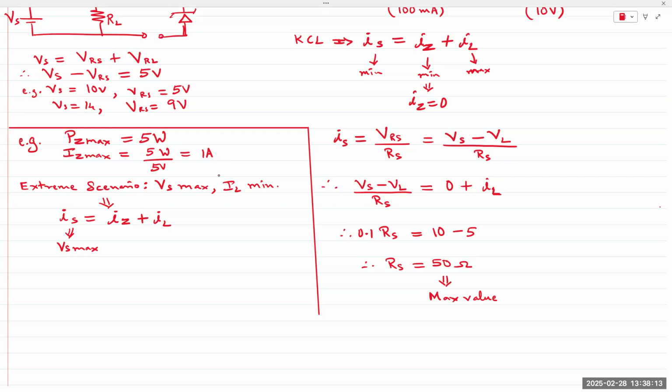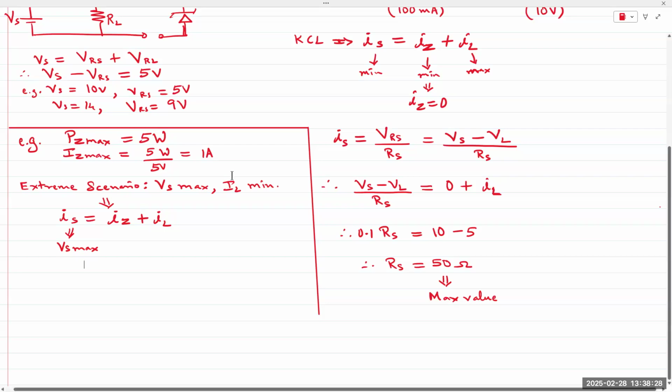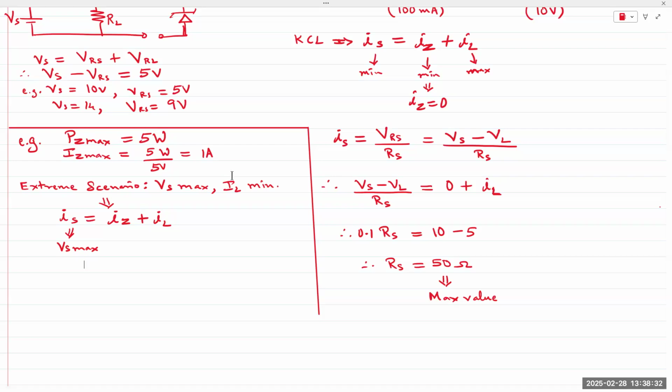Okay, it's 14 volts. And we already know what our RS is. RS max was 50 ohms, right? That's for the previous one. Now we're trying to find the other end of that RS value. So if VS goes max, which is 14 volts, supply is at its peak. But load current cannot exceed 100 milliamps.